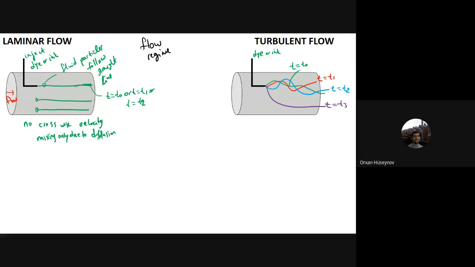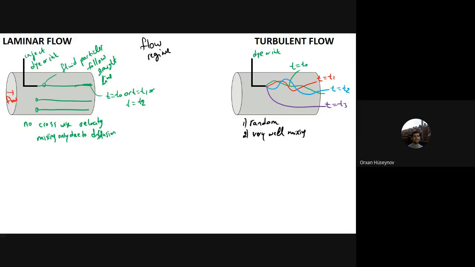You see that fluid particles from the same location don't follow the same particle trajectory. They are flowing at different trajectories, random and unpredictable trajectories. And this is called the turbulent flow. The characteristic of turbulent flow is that it is random, and it has very good mixing.